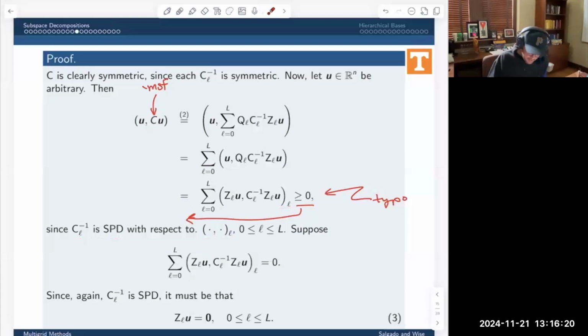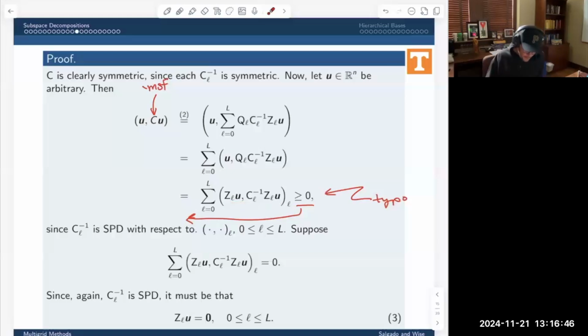Now it's going to be positive if we can find out that Z_L U is itself a vector which is, let's see, how do I want to, so what I want to argue is that this is going to be positive because if U is not 0, then Z_L U is not going to be 0 either.